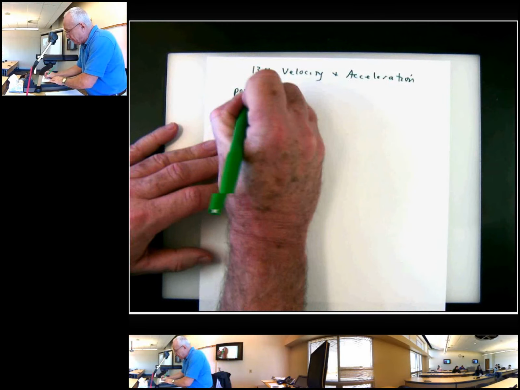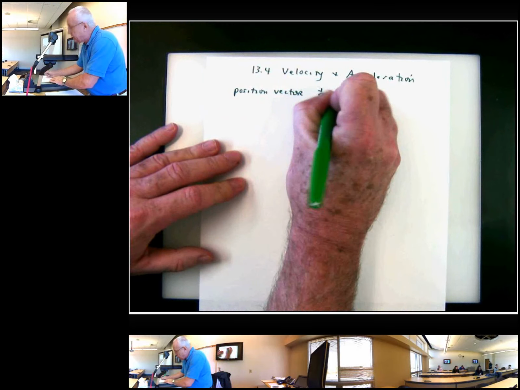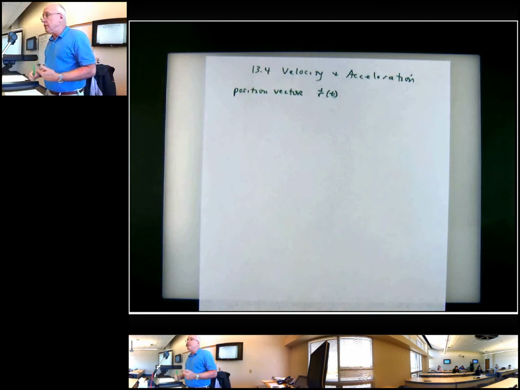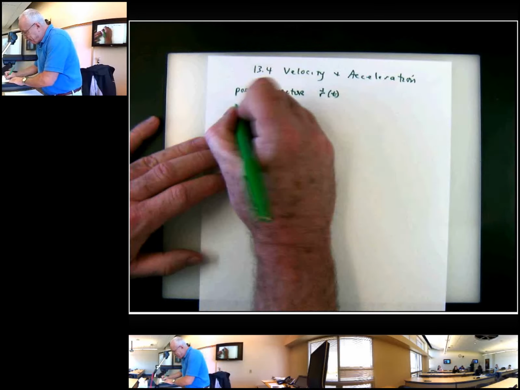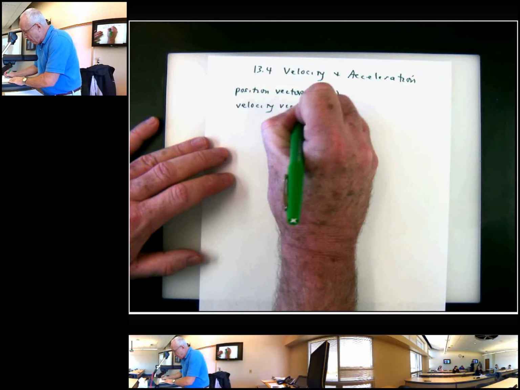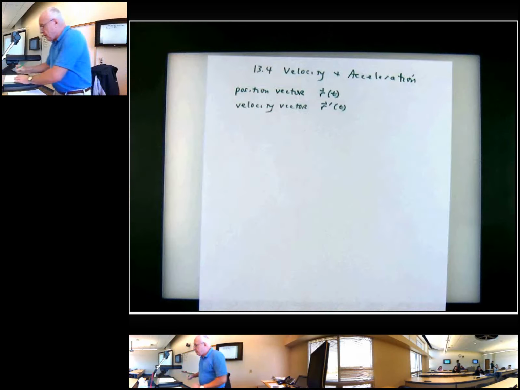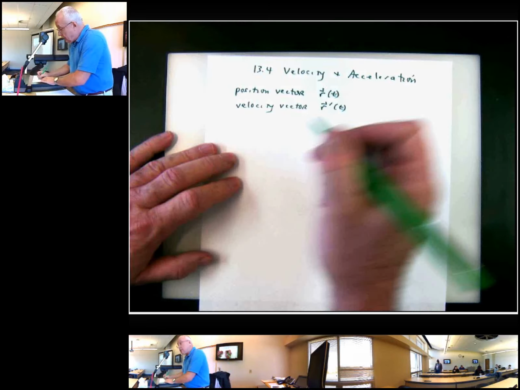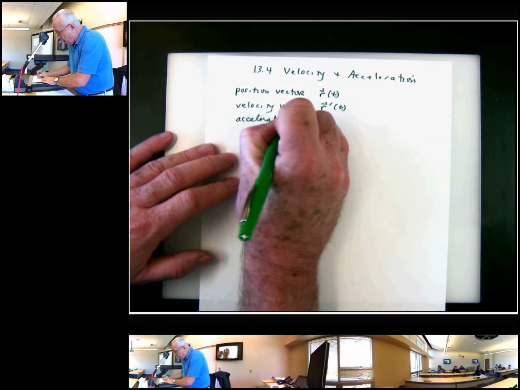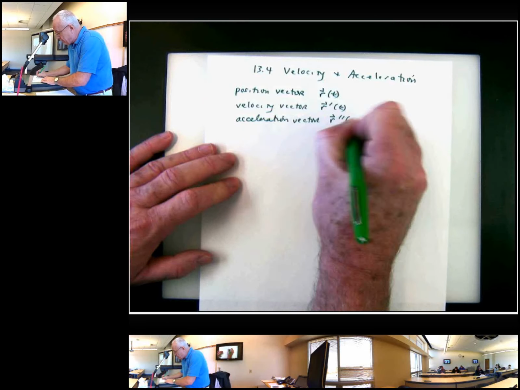We have a position vector. We'll call it r of t. And then the derivative of that gives us the velocity vector, r prime of t. And then the derivative of that again gives us the acceleration vector, r double prime of t.